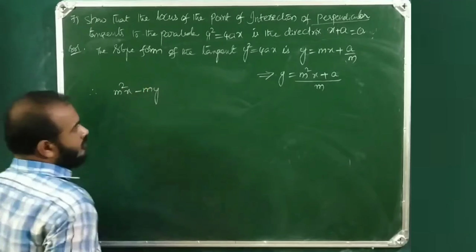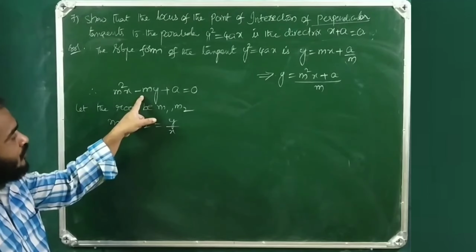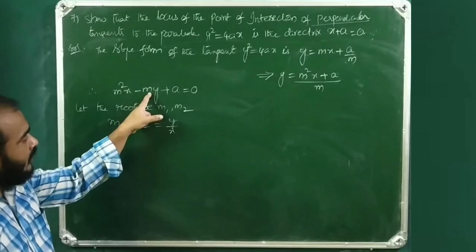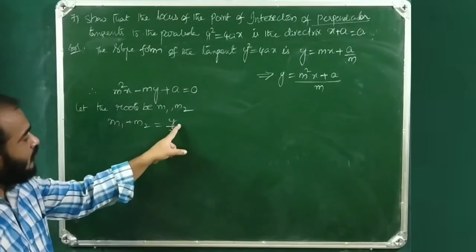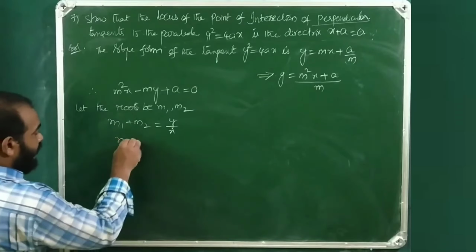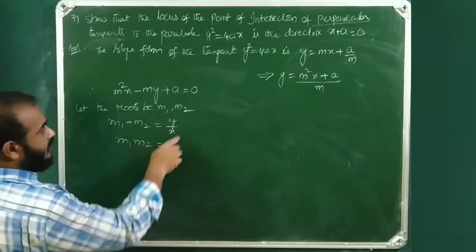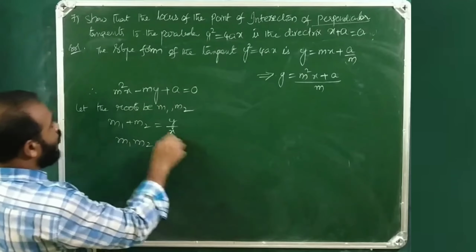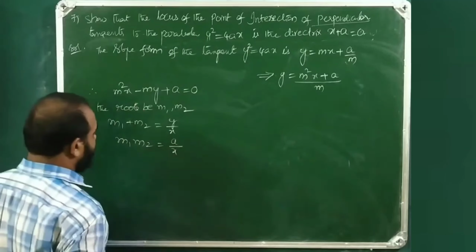So m1 plus m2, sum of the roots, is minus b by a, coefficient of m is minus y, so minus of minus y, which is y by coefficient of m square which is x, and product of the slopes m1 m2 equals to c by a, constant by coefficient of m square, that is a by x.